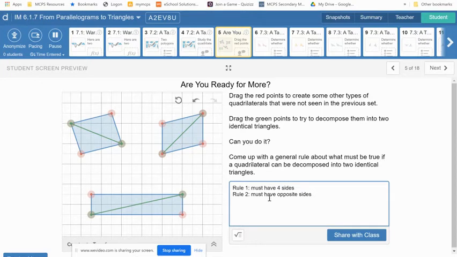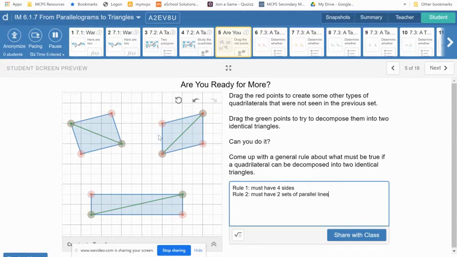Must have, let's fix that. Must have two sets of opposite, no, sorry, I don't know why I keep saying that. Two sets of parallel lines.